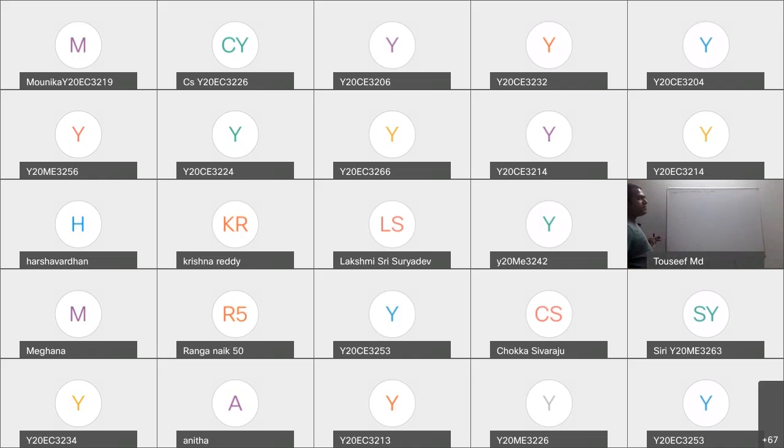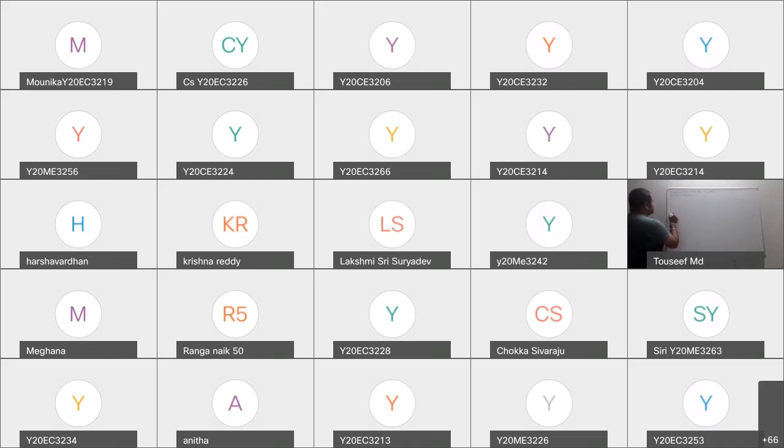So let us consider first the triangular plane surface, which is inclined to HP and parallel to VP. For example, if the surface is inclined to HP, that means it is parallel to VP. For one it is inclined, for the other it is parallel. So inclined to HP means parallel to VP.